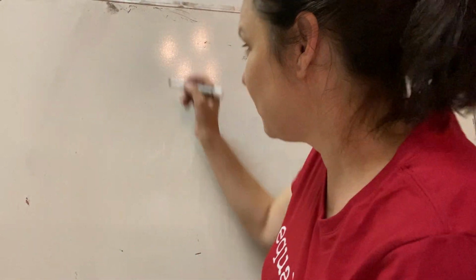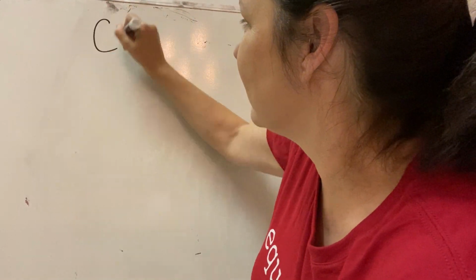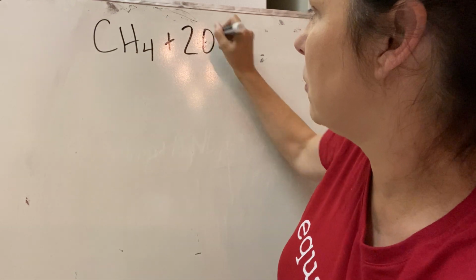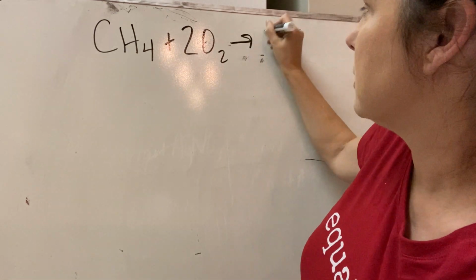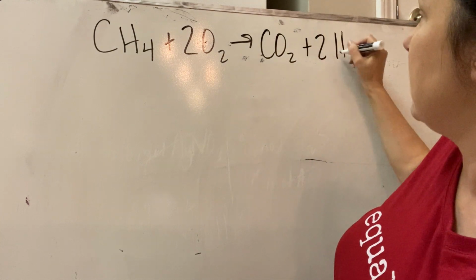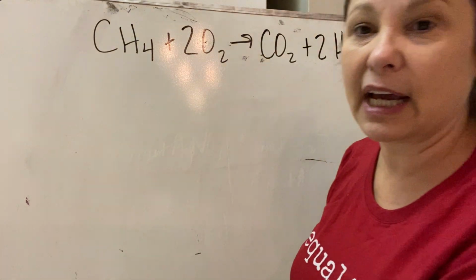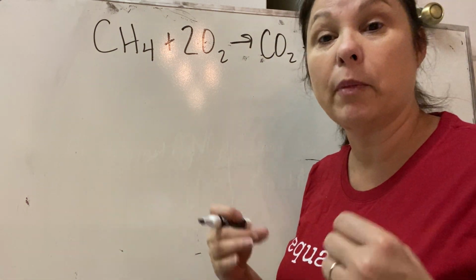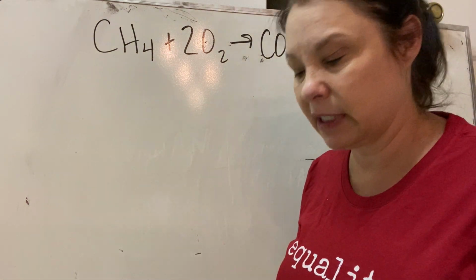And this time, I'll put it up for real. CH4 plus 2O2 yields CO2 plus 2H2O. Okay? And again, instead of writing the whole problem as I read it, I'm going to mark the stuff I'm given.